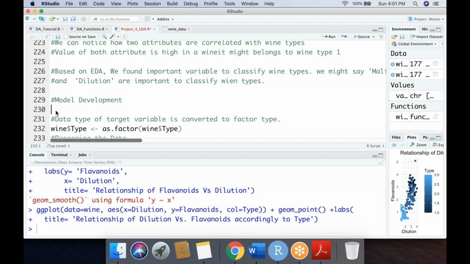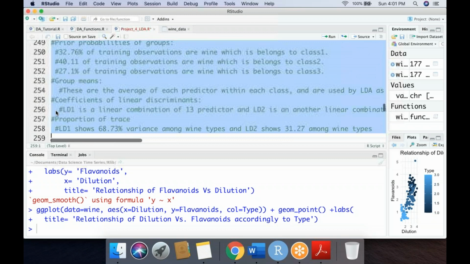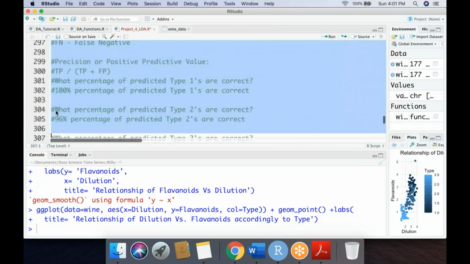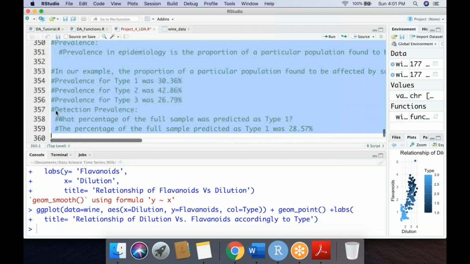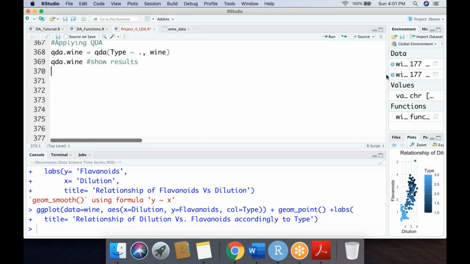So on that note, shall we start the model development? I'm going to quickly share this code snippet with you till the end, because we have half an hour left. We should use it very effectively. I have also started writing a QDA model on this data.